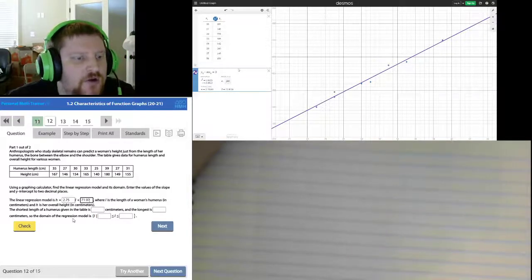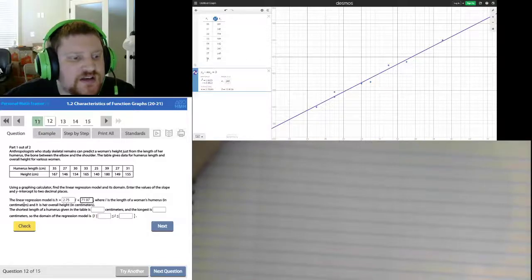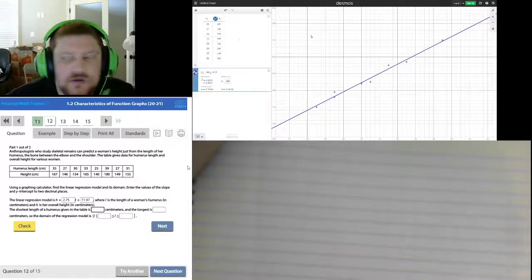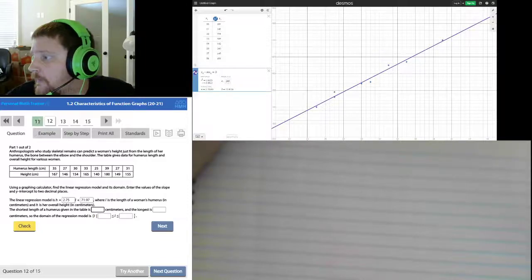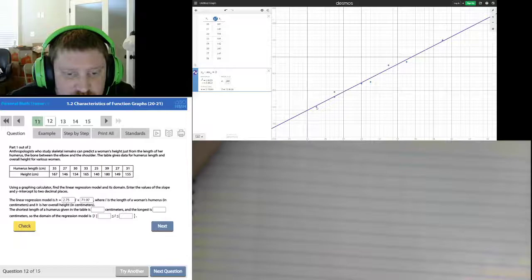All right. Whew. Where L is the length of a woman's humerus in centimeters and H is her overall height in centimeters. The shortest length of a humerus given in the table is... the easy way to do this is just pull up Desmos and say, what is this? 25.